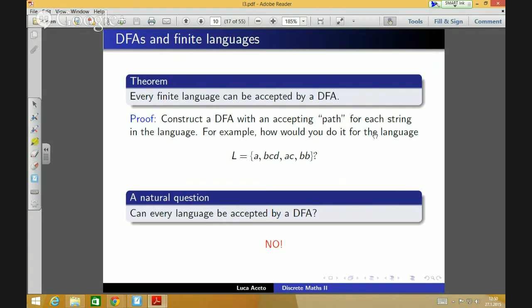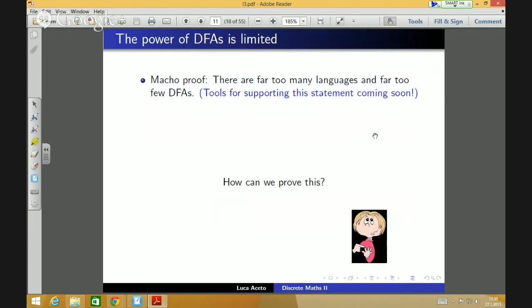Why? Well, I'm going to give you two reasons why. One of them is the macho reason. The other one is the less macho reason. The macho reasoning is the following. There are a hell of a lot of languages out there. Unfortunately, the number of DFAs is not big enough to recognize them all. There are many more languages than there are DFAs.